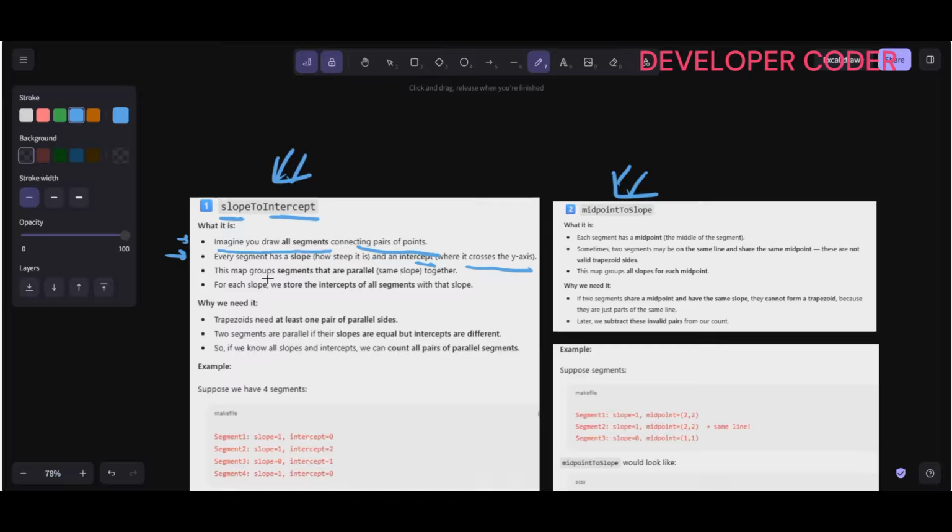I'm going to create a map. This map groups the segments that are parallel, with the same slope, together.